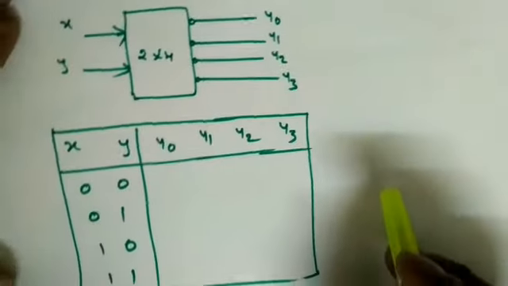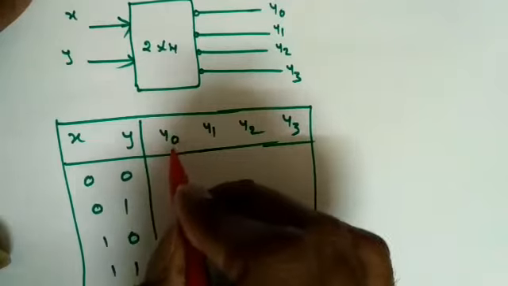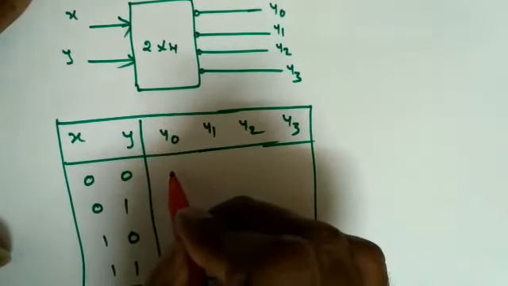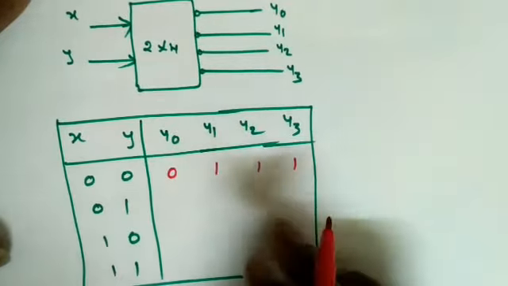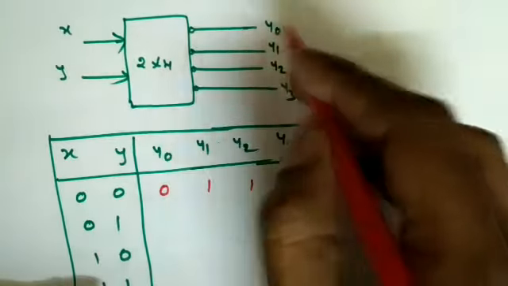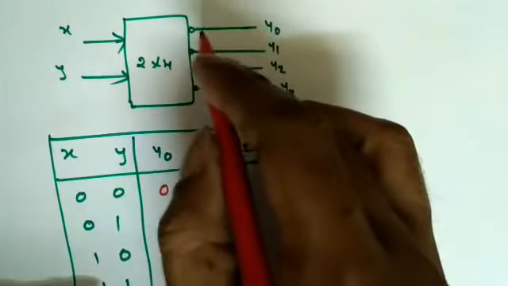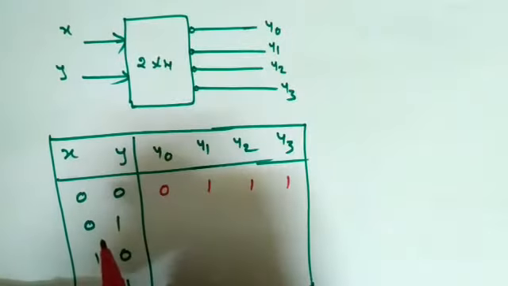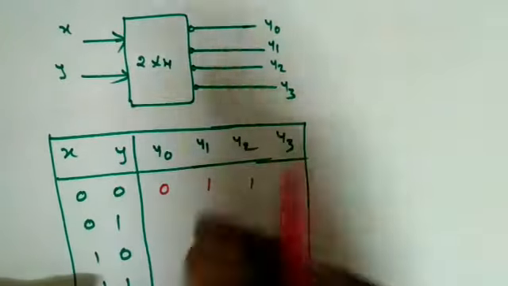So something like this. So what does active low output mean? 0 0 means the subscript is 0. So in this place the function value will become 0, the remaining positions will become 1. So what this means is, if I make the opposite, 0 bar means I will get 1, 1 bar means I will get 0 here. So that's why you place a bubble in front of these output terminals. So this is the opposite of the active high outputs.